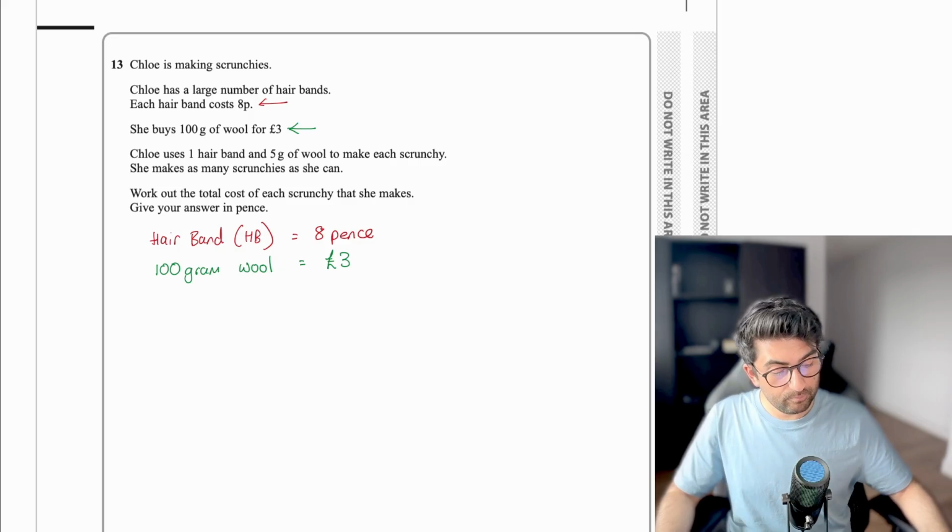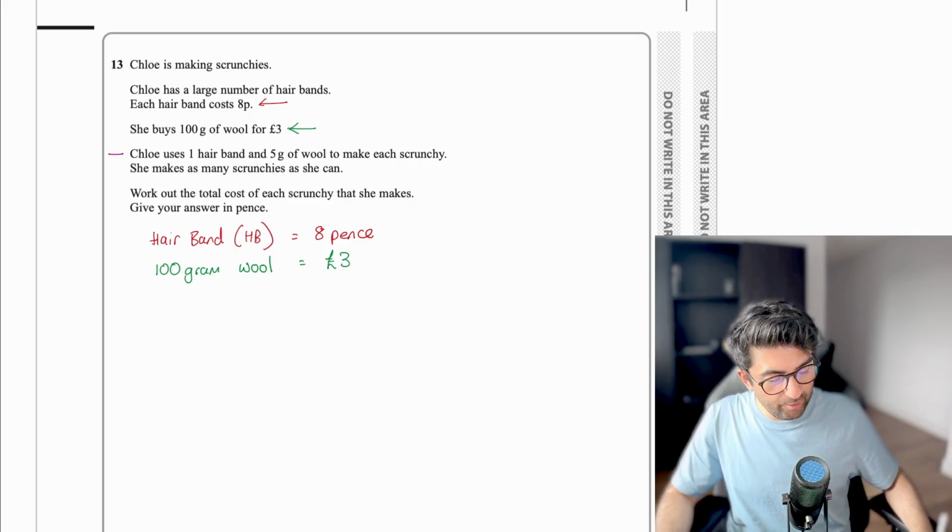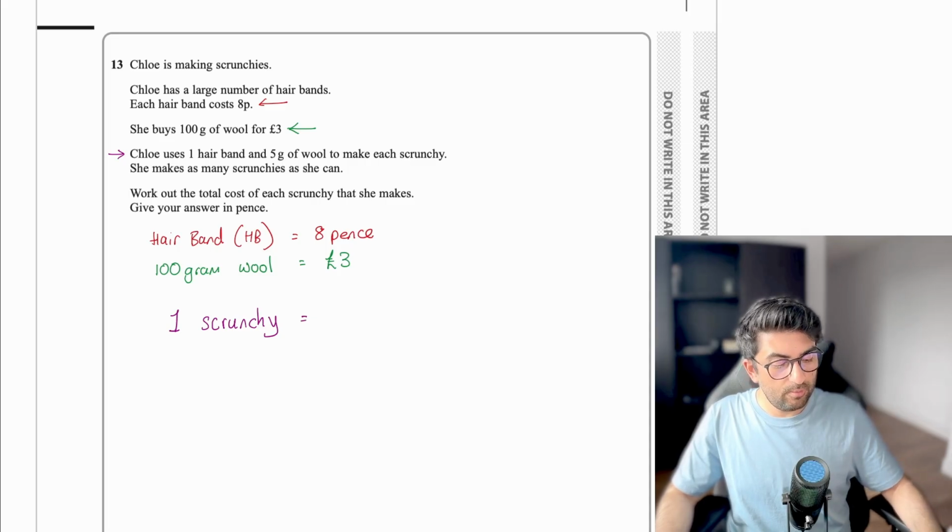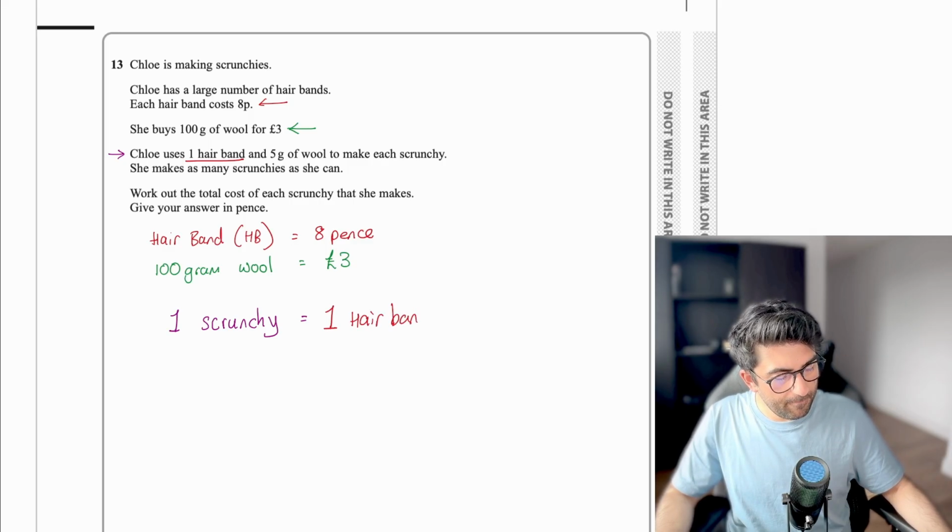According to Chloe, one scrunchie is equal to using one hairband and 5 grams of wool.